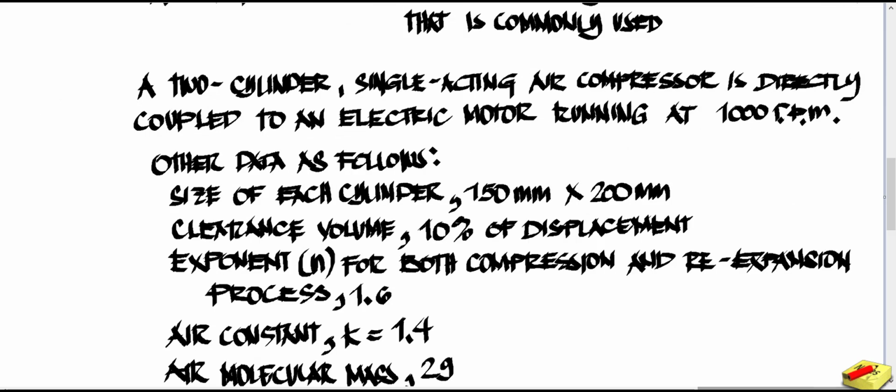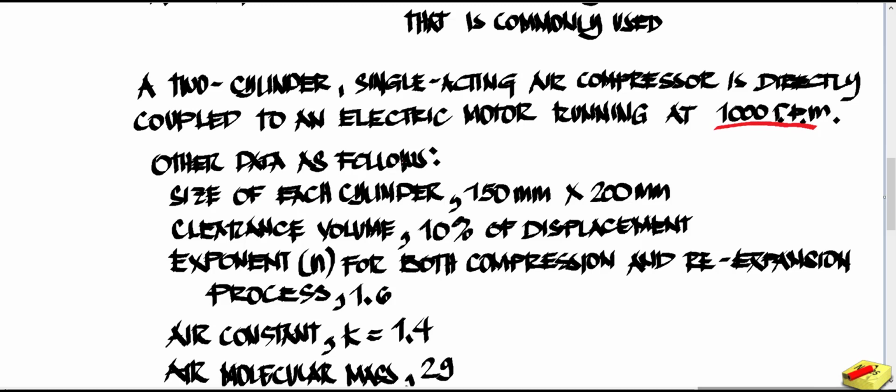Sample problem. We have a two-cylinder single acting air compressor directly coupled to an electric motor running at a given speed of 1000 revolutions per minute. Other data are as follows.